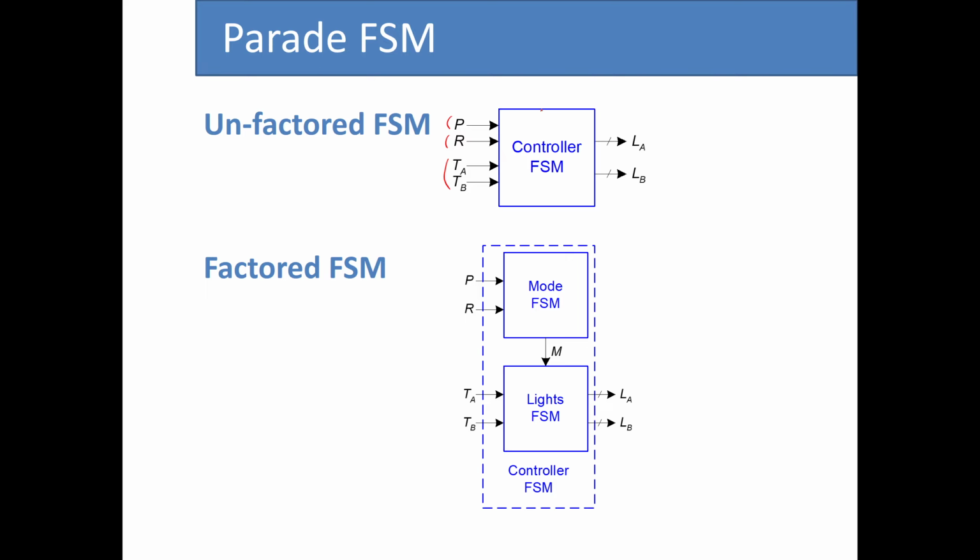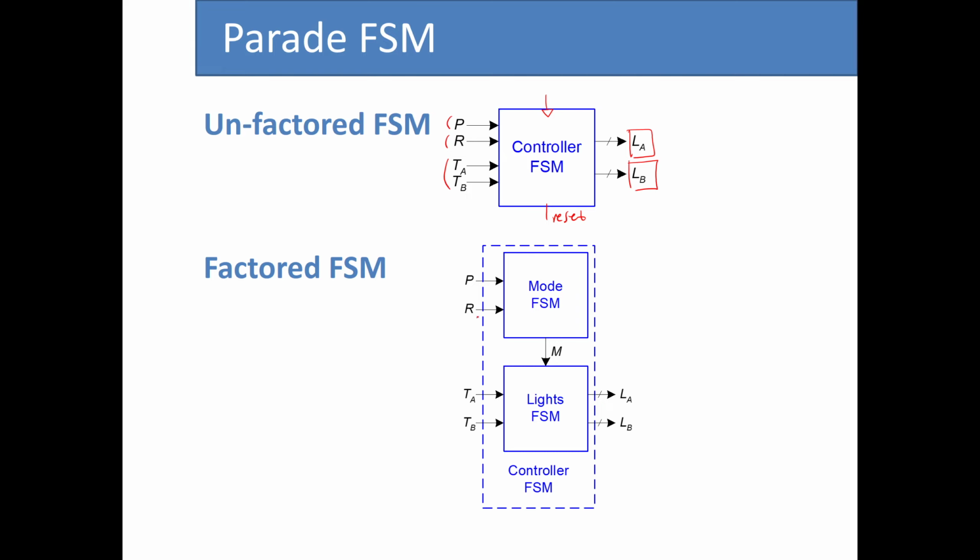Also we have the clock, and this reset, which we didn't show here. Based on that, we have LA and LB, basically the traffic lights on the first street and the second street. As for the factored FSM, what we can do is create two smaller FSMs.